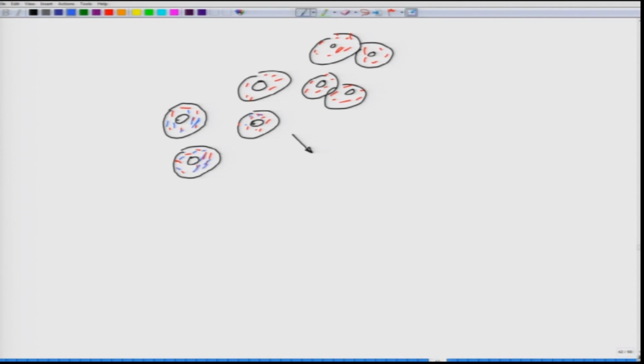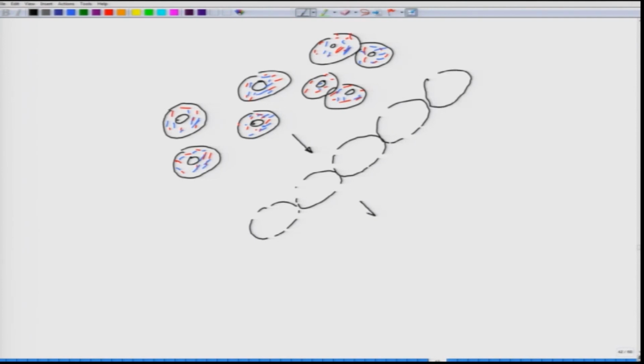So, initially when these are individual cells, they have a very different kind of arrangement in the individual cells. But then I told you these individual cells come close to each other, right, in the previous class, and then eventually they form a tube like structure which is called the myotubes.